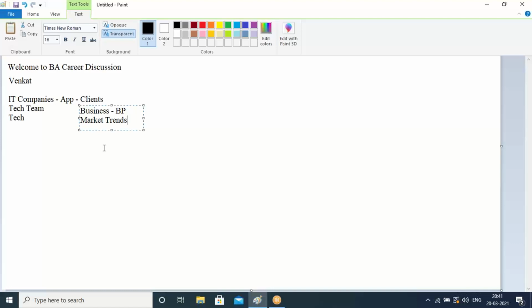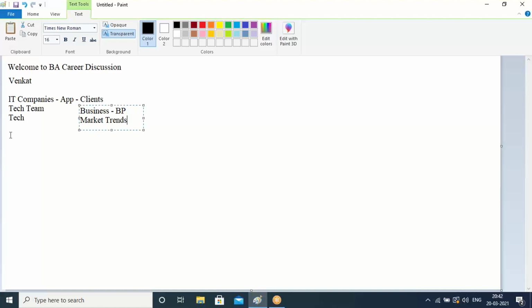Now let us try to understand the technical team who develops these IT applications. Their focus would be mostly on the technology. The client who wants these applications has a focus on the market trends and their business. When both these parties interact with each other, there are chances of miscommunication.